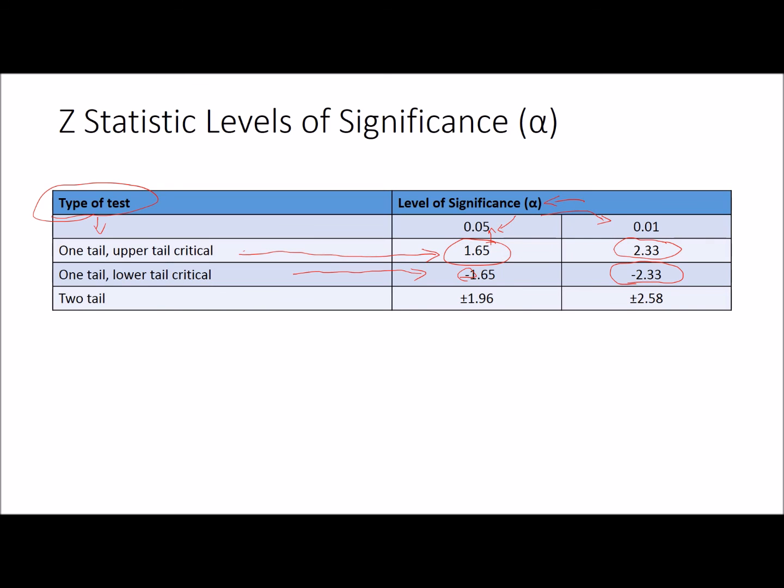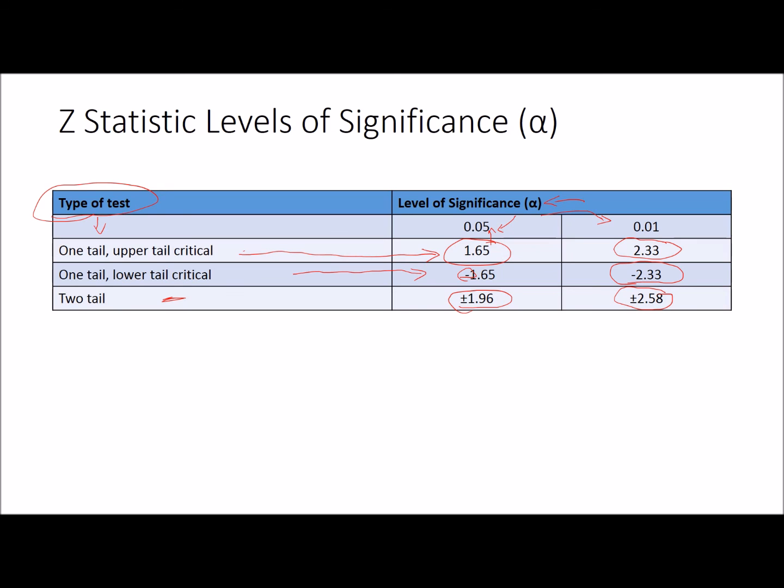Now if it's two-tail, you're splitting the 5% or the 1% half on each of the tails. So for a 5% two-tail, you would need positive or negative 1.96 or further to have significance at 0.05. If it's at 0.01, you need a positive or negative 2.58 to find significance.